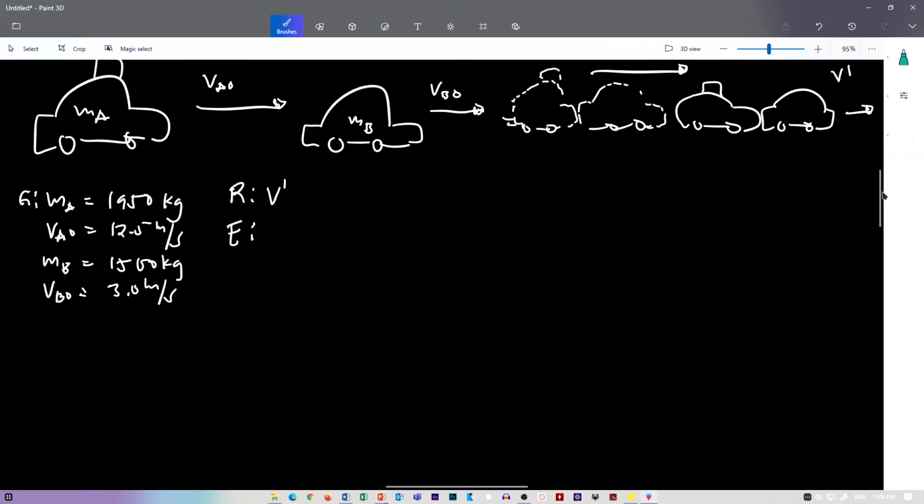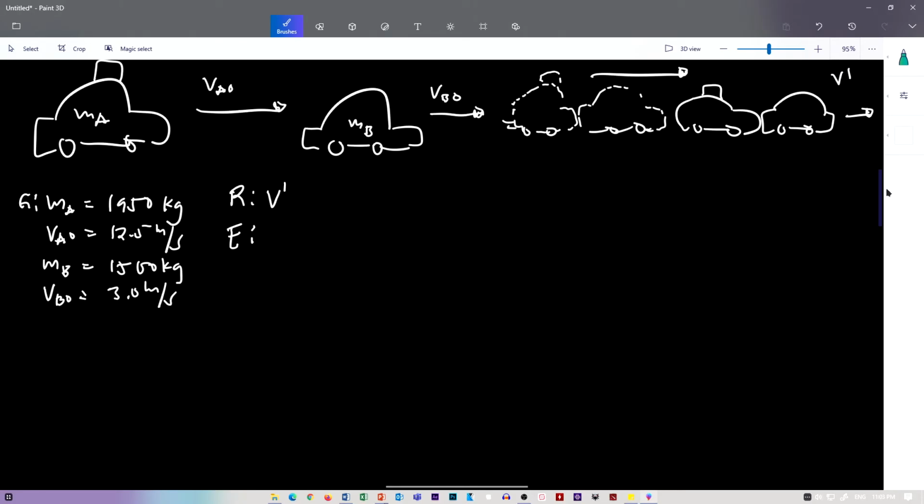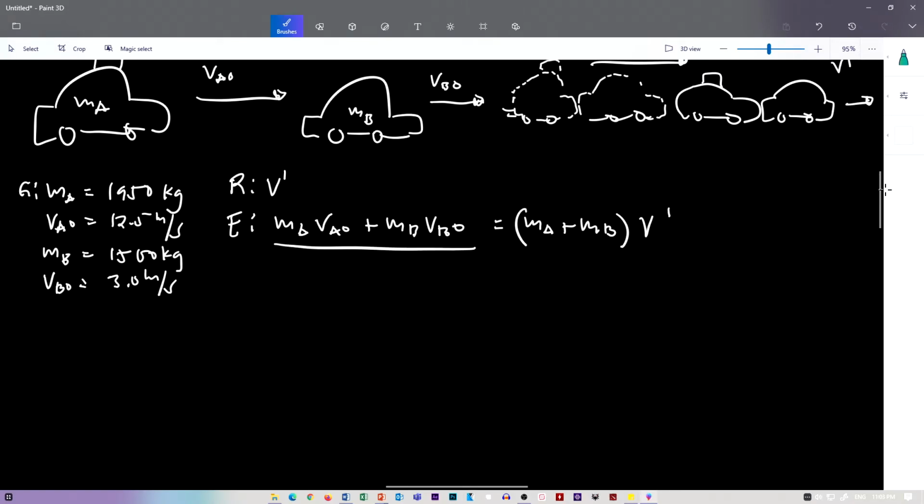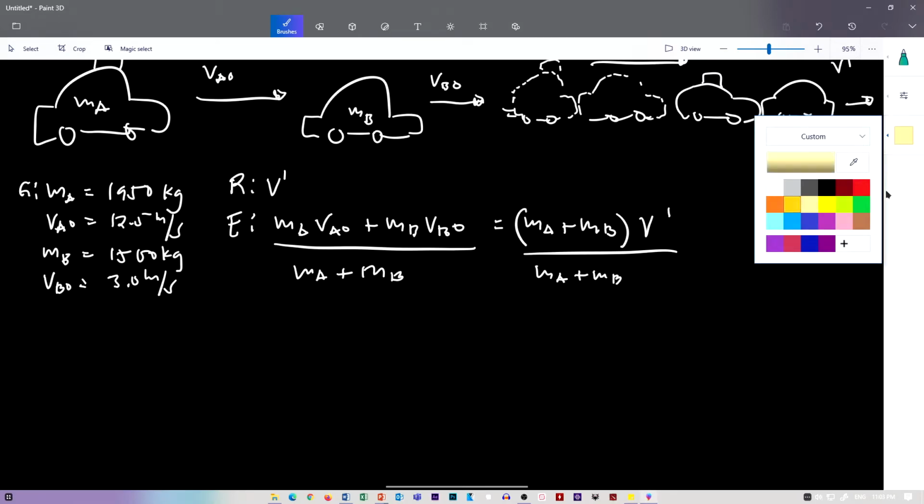So you have m sub a v sub a sub 0 plus m sub b v sub b sub 0 is equal to m sub a plus m sub b multiplied by their final velocity. And since this is straight to the point, you just divide both sides by m sub a plus m sub b, and that's it. Just proceed on substituting.